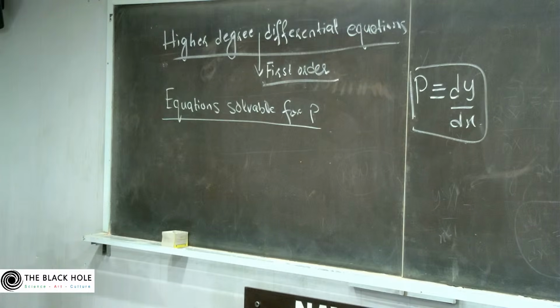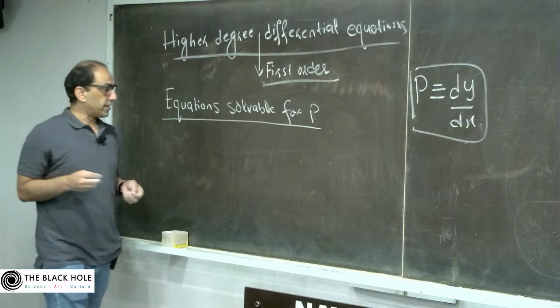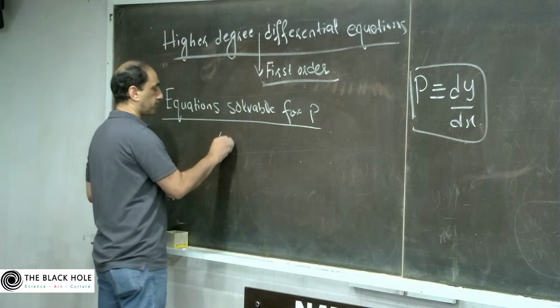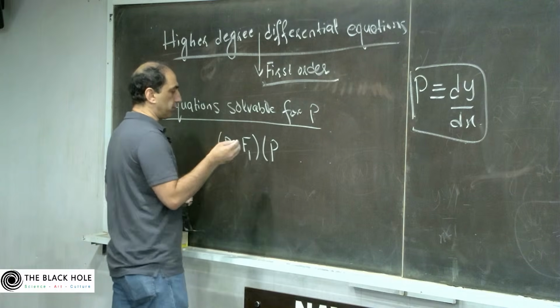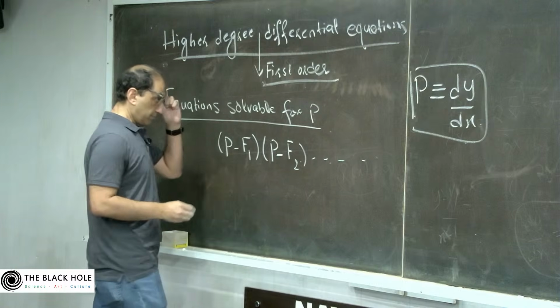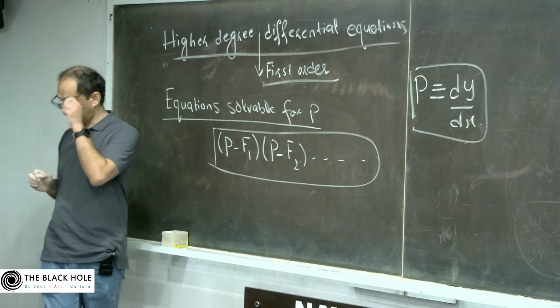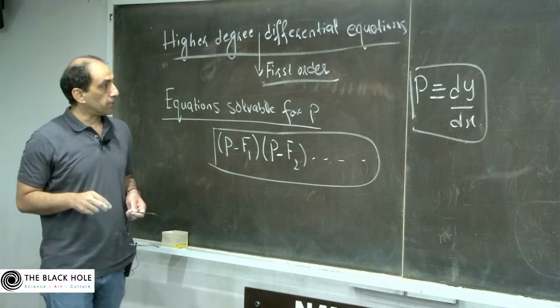This is how we define P. So when I say solvable for P, it means this is my equation, and if I have some higher degree equation and I can factorize it like this, then I can say that I can solve it for P. But let me first write down something.